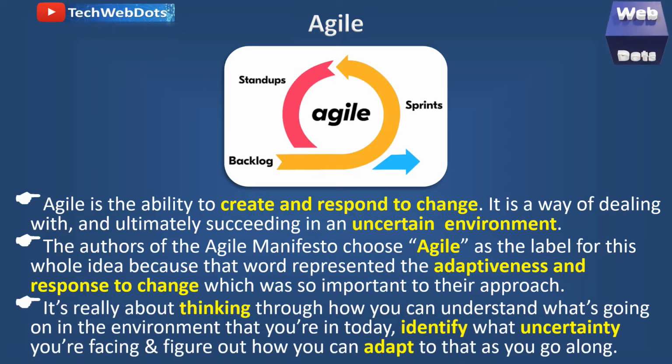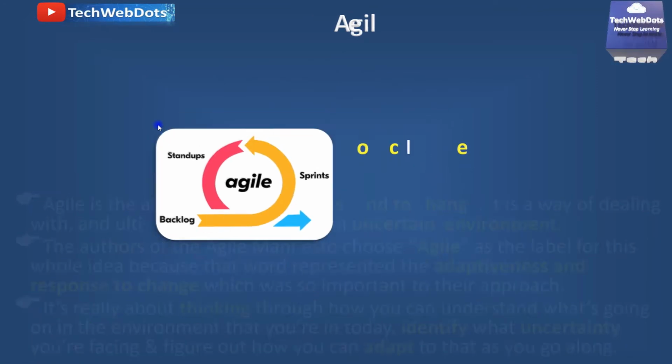It's really about thinking how you can understand what is going on in the environment you are in today, identify what uncertainty you are facing, and figure out how you can adapt to that as you go along. So this is basically what Agile is.